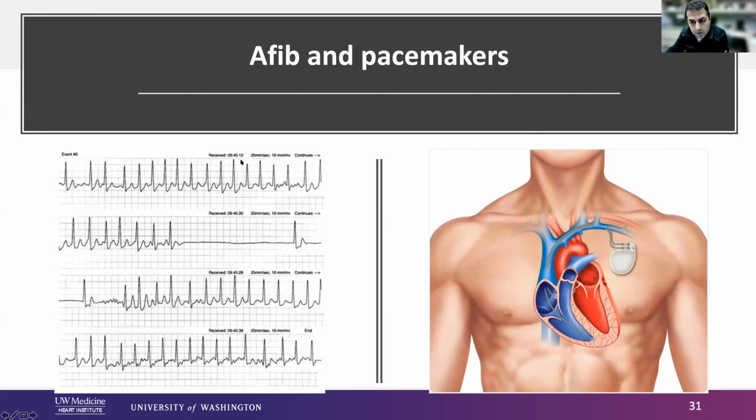So I would go for the valve first, and then if AFib remains a problem after one of these percutaneous valve replacements, then again, going back to the electrophysiologist and having a conversation about ablation or drugs to treat the AFib.